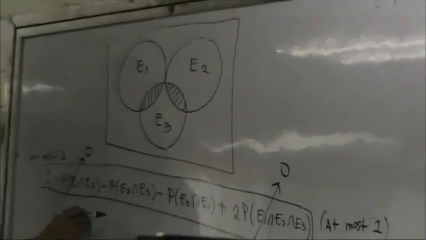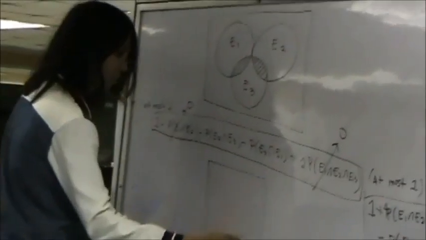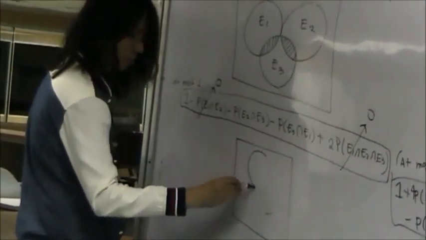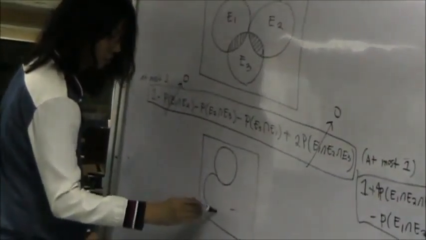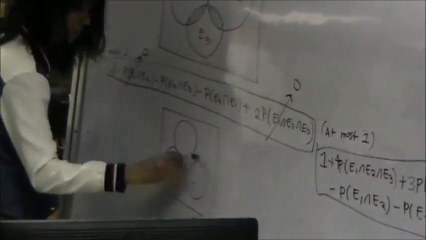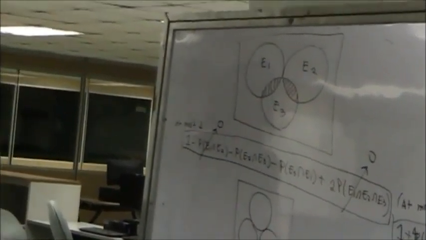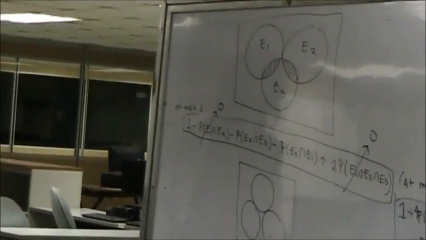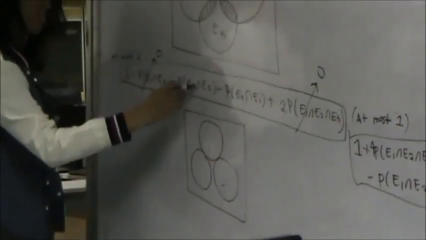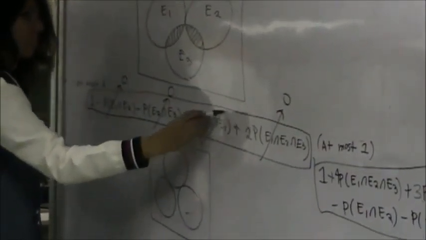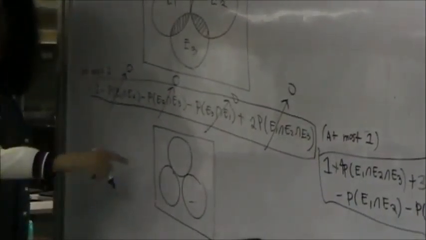What if all of them don't have any intersection? Just one, of course. Everything becomes 0 here. And at most one is everything.